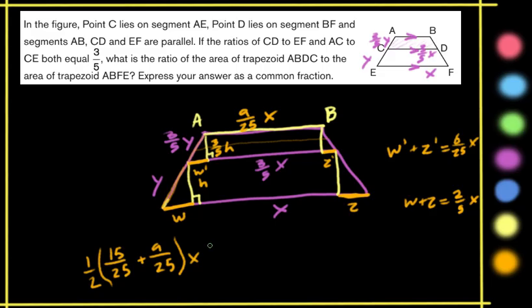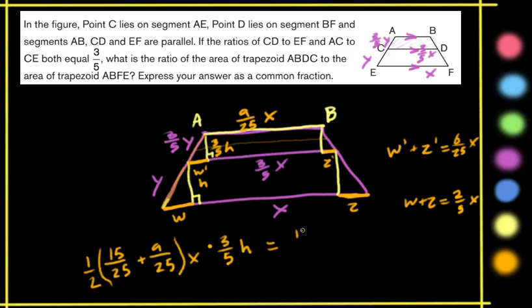And then I need to, did I say add? I need to multiply. I'm going to write the multiply just as a dot. So I need to multiply this by 3/5 of h. I can simplify things a little bit here, especially because 15 plus 9 will be 24/25. So half of that will be 12/25.